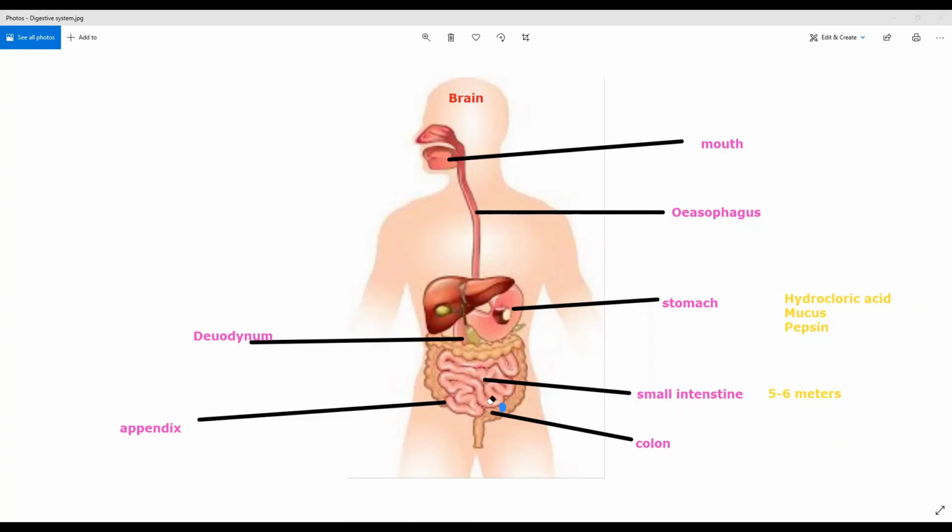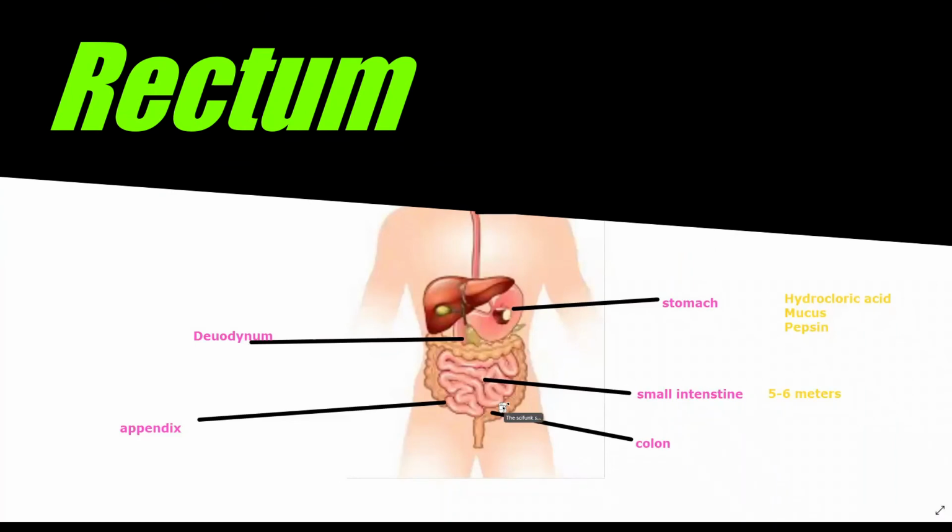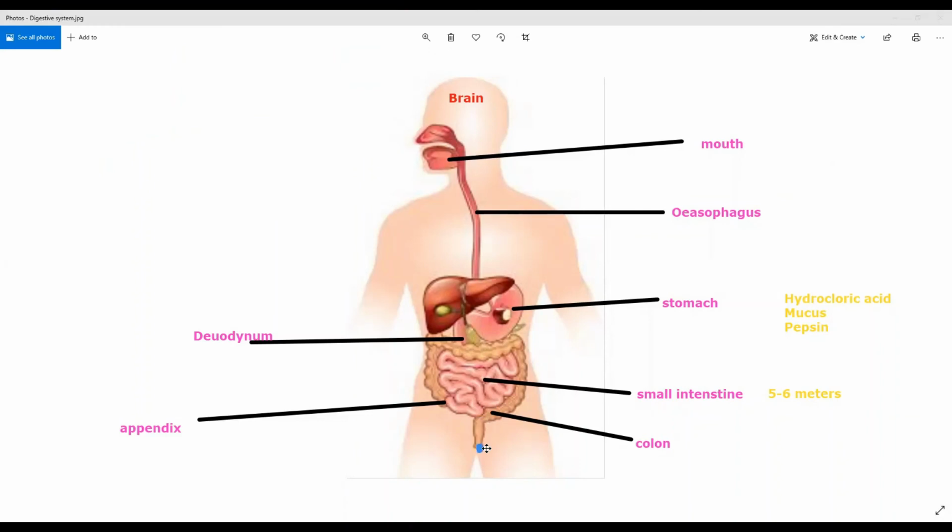Then there is a door-like thing which opens, and we enter the rectum. The last part, from here, is just a tunnel and the opening. Let me write it over here.